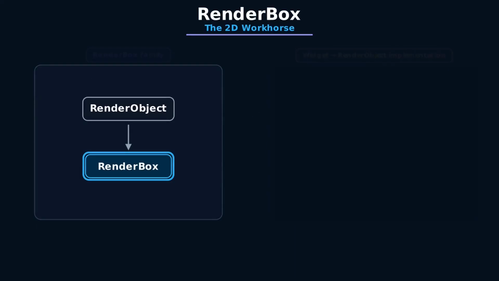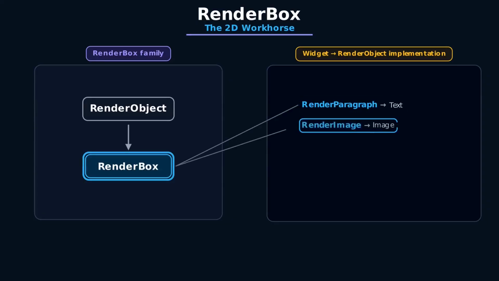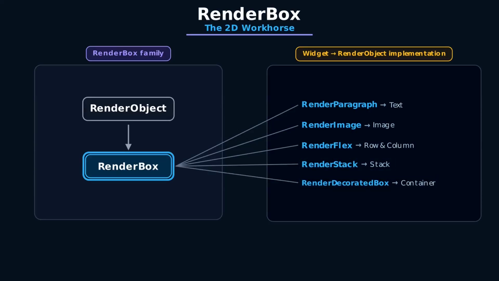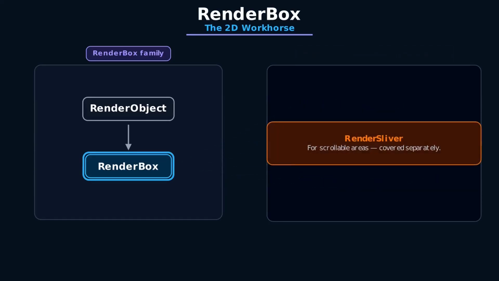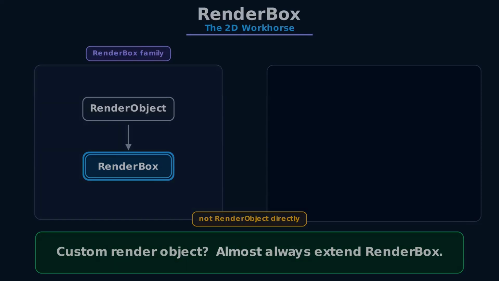The hierarchy looks like this: RenderObject, RenderBox, RenderParagraph, Text Widget, RenderImage, Image Widget, RenderFlex, Row and Column, RenderStack, Stack Widget, RenderDecoratedBox, Container Widget. There's also RenderSliver for scrollable areas, but that's a topic for another video. For now, just remember, when you create a custom render object, you'll almost always extend RenderBox, not RenderObject directly.